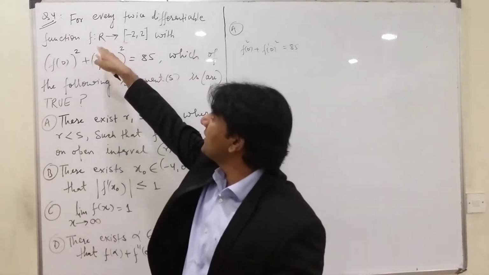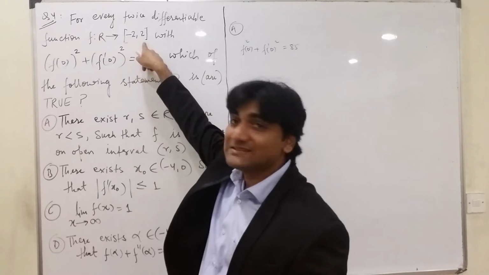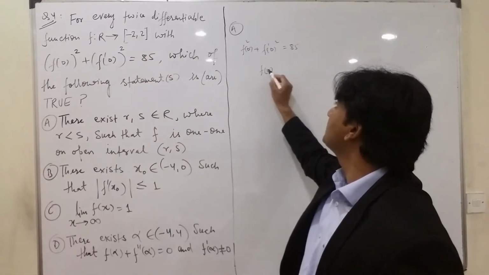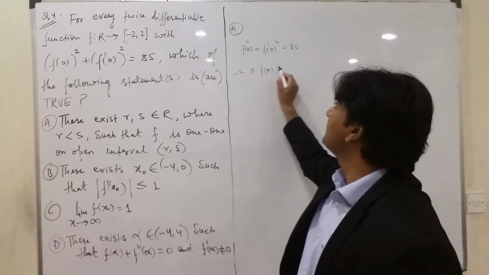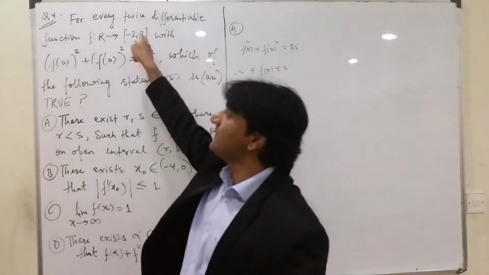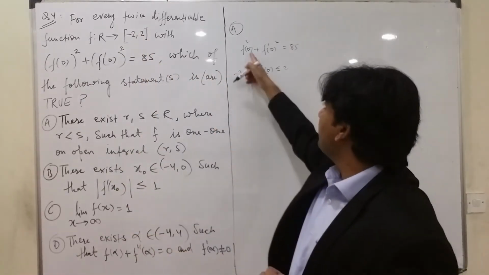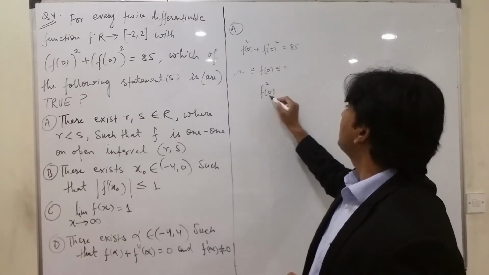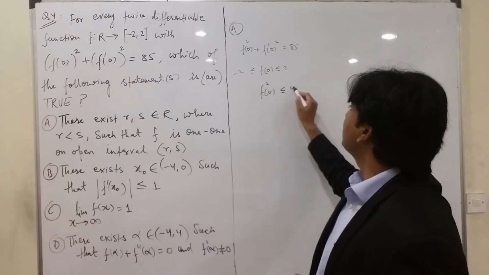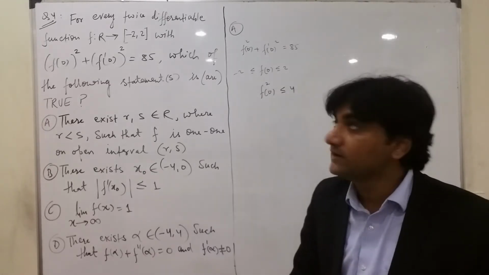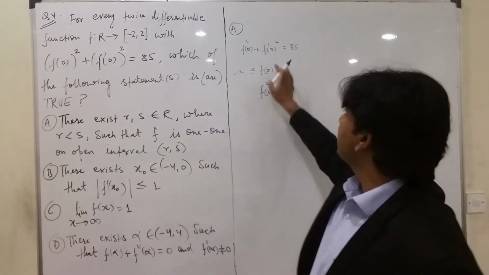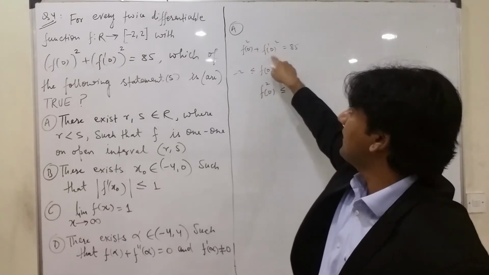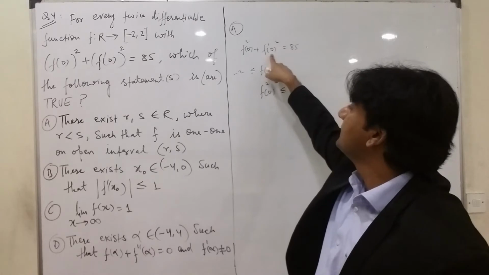But for all real numbers, f of x cannot exceed 2. So f of 0 also lies between -2 to 2 because the codomain is -2 to 2. Now if I do square, f of 0 whole square is smaller than or equal to 4. It means f dash 0 cannot be 0.